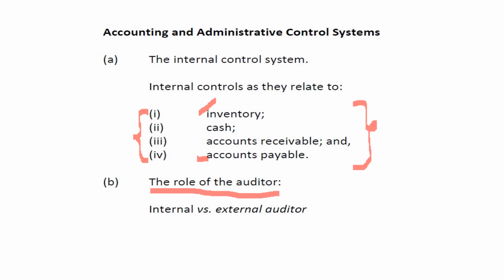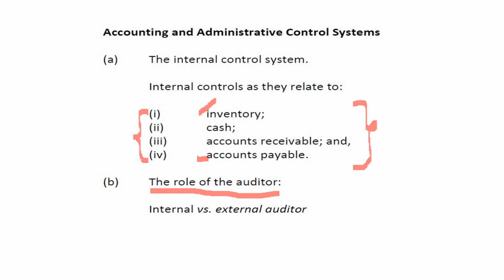We have internal auditors and external auditors. Each one of them have different roles, and you have to look at it. The role of the external auditor is to express an opinion on the financial statements, and the internal auditor is the one who does the checking on the internal control systems, and the accounting system as well.